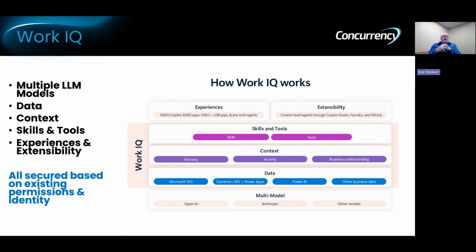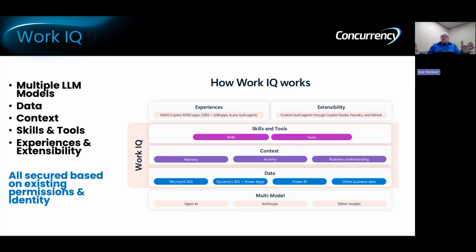How it works, again, you have multiple LLM models in here, and we've heard there's been a lot of debate lately about, okay, we like Claude better than Copilot. Well, Copilot historically was primarily associated with OpenAI, but now Anthropic's model is available within Copilot as well. There are also other models that are coming forward in there.